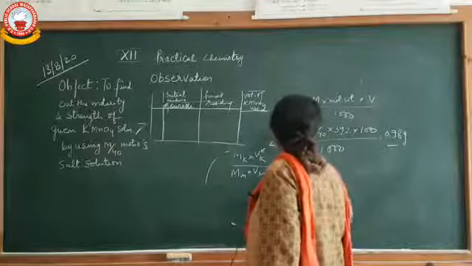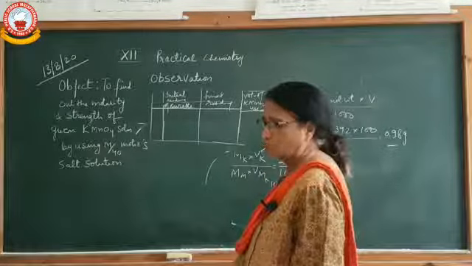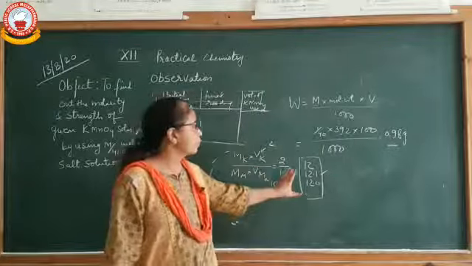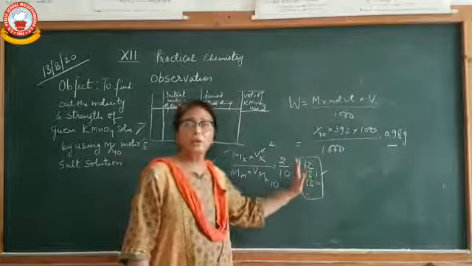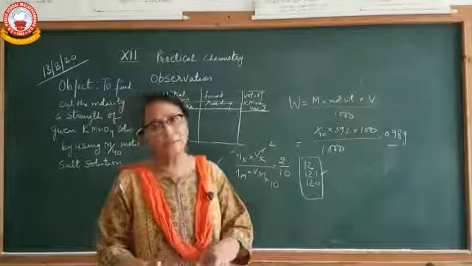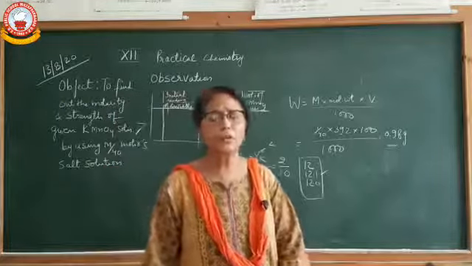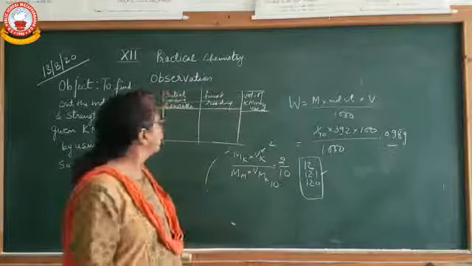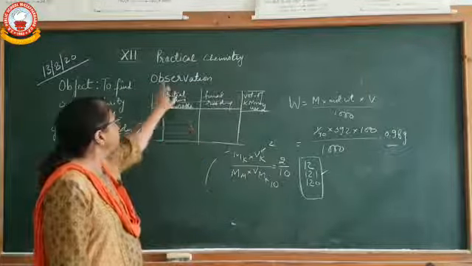Readings where the difference is only 0.1 or 0.01 are known as concordant readings. And if you are not getting concordant readings in these 3, you can repeat it. You can also take a 4th reading to get a similar reading.